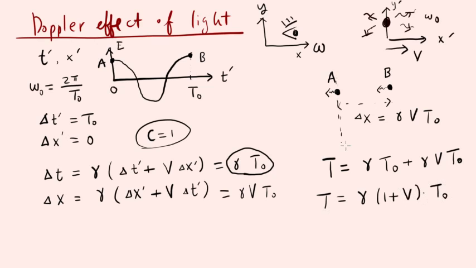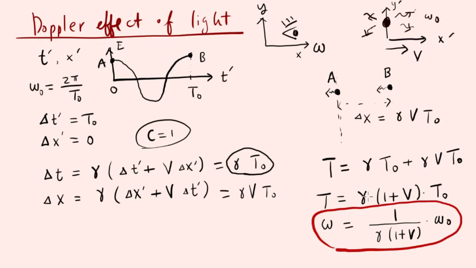So now what is the angular frequency? Angular frequency is 2 pi over t, so that means omega equals 1 over gamma times 1 plus v times omega 0. So that's the Doppler effect.